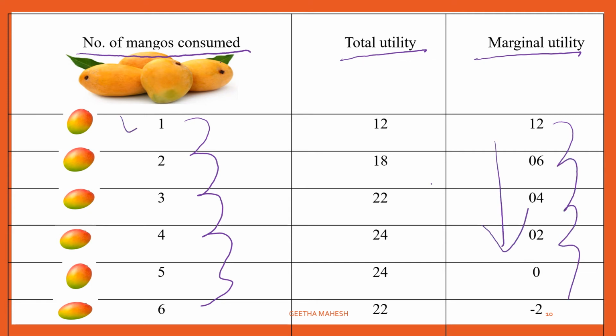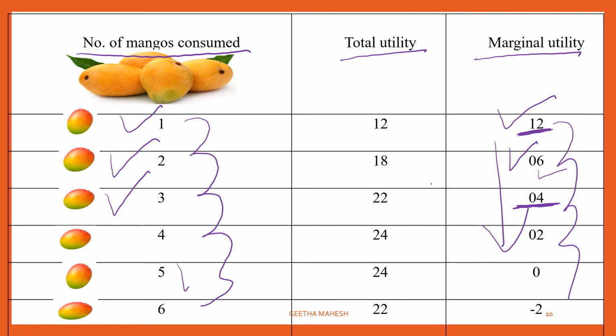When he consumes the first mango, the utility derived is 12. When he consumes a second unit of mango, the utility derived is 6, which is lesser than the first unit of mango. When he consumes a third unit of mango, the utility derived is 4, which is lesser than the second unit.